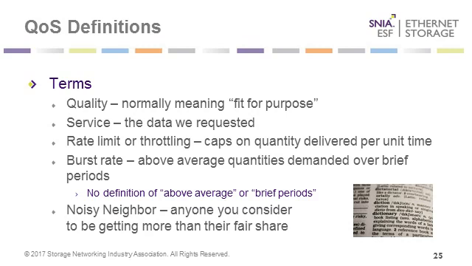And then once we've got the idea of the fact that we've got this soft measure, this fairly woolly measure called quality of service, we can actually talk about some other fairly woolly concepts as well, but they're worth defining. A rate limit or throttling, which is an attempt to provide a capacity limit on quantity delivered per unit time.